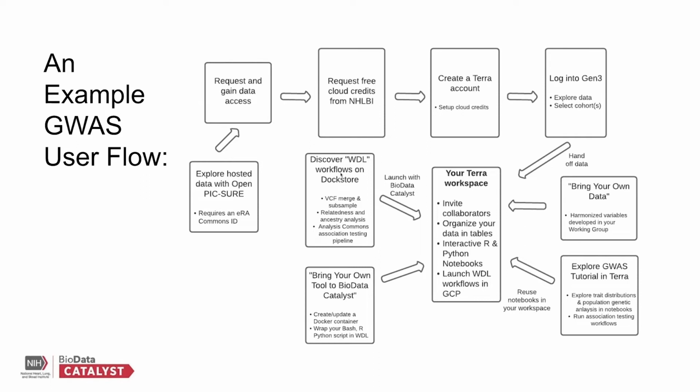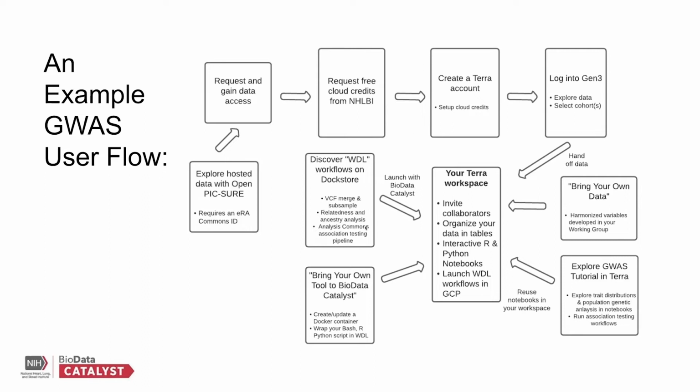I know that I also want to do some more scalable analysis, including an actual association test. So I can go into Dockstore and search what available WDL workflows they have for GWAS. And I decide that I need workflows for VCF merging and subsampling, because I want to merge some VCFs that were subsetted by consent code back together.